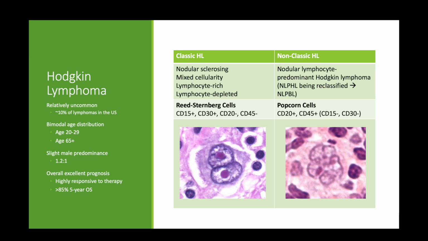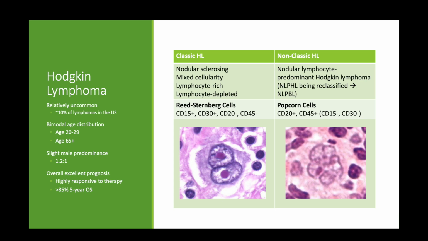These are unique cells that have this binucleated appearance, and they are CD15 and CD30 positive, and they have that classic owl's eye appearance. That is sort of the classic feature of Hodgkin lymphoma, and we see it in classical Hodgkin lymphoma.